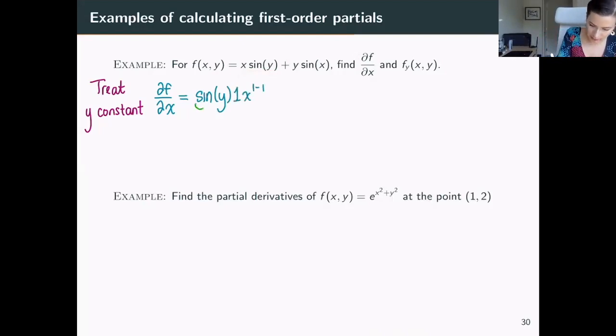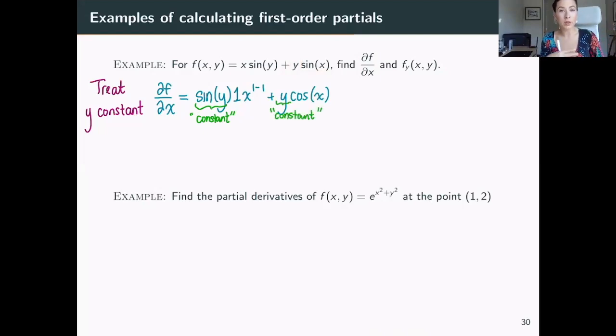So here, this is constant in a way. And then for the next term, I have a sine of x times a number. So that number is still going to hang around. And then I have the derivative of sine of x is going to be cosine of x. So again, here, this is a constant.